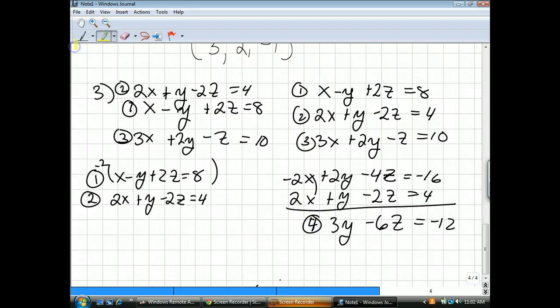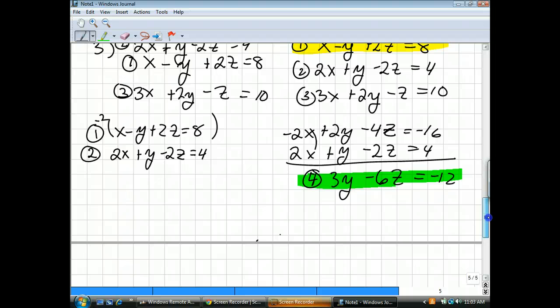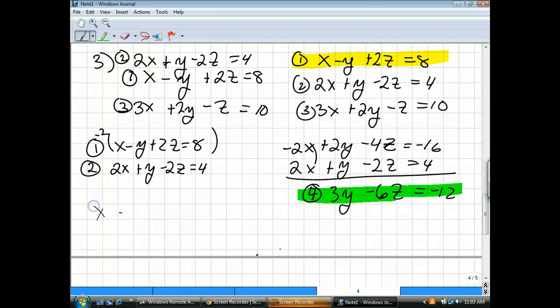Remember, we want to hang on to equation 1 and equation 4. But now we're going to use equation 1 to eliminate the x's from equation 3. So we're going to take x minus y plus 2z equals 8, and 3x plus 2y minus z equals 10. And I'm going to multiply this one by negative 3.